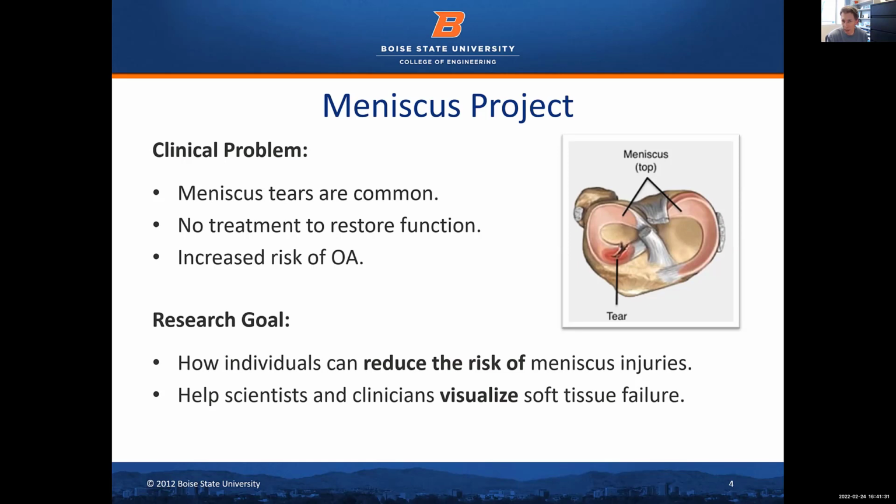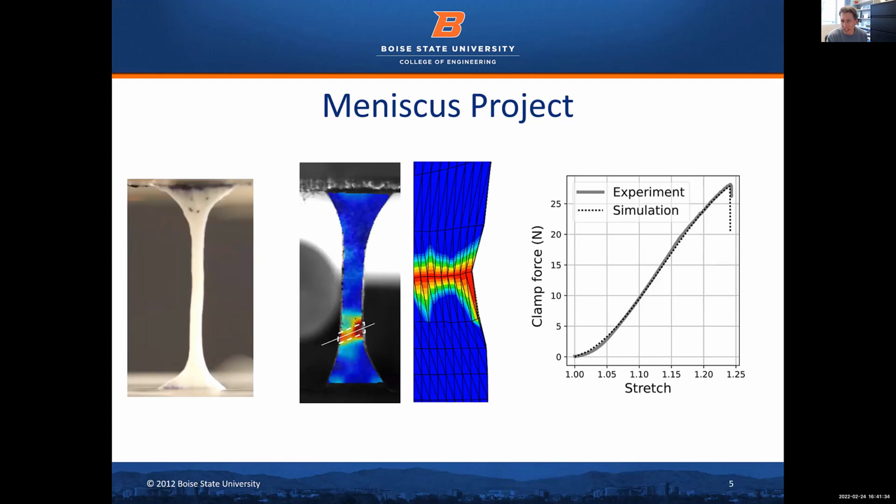With that in mind, a couple of things we do is we like to push and pull on tissue. On the left, we're cutting what's called a coupon. It's a little piece of tissue from the meniscus, and we're experimentally pulling this to failure. We then use visualization methods, in this next image, to look at where the failure happened.